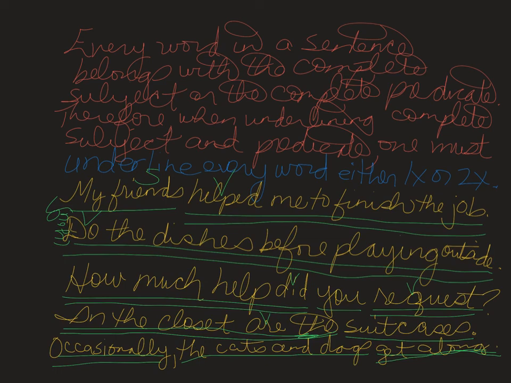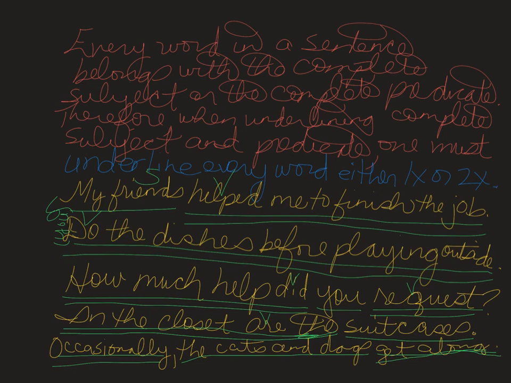Unlike a lot of your other ones here, where you have all of your verbs side by side and all of your subjects side by side, you have occasionally underlined twice because it describes your verb, and so it's part of your complete predicate. You have the cats and dogs as your complete subject, and then you have get along underlined twice as your complete predicate.